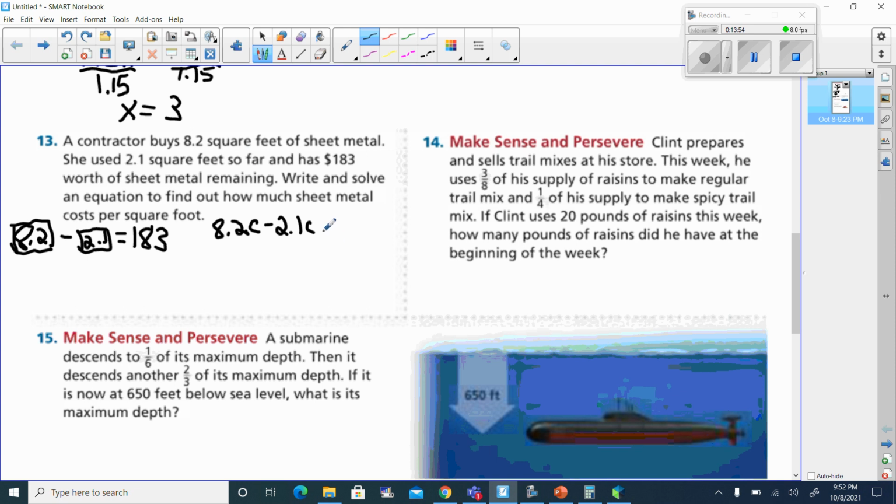This is square feet, right? But times the cost. Remember, we're multiplying whatever the square feet is times the cost per square foot in order to find how much we've got worth. So that gives us 183 now. And now we can say that 8.2 minus 2.1 is going to give us 6.1 times whatever the cost per square foot is equals 183.